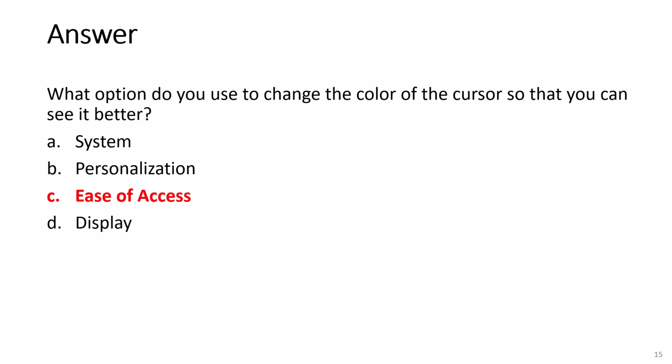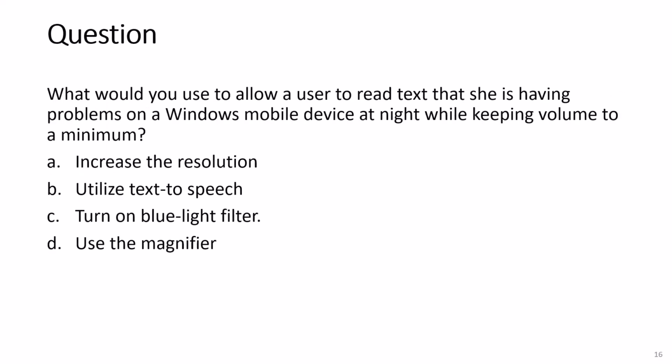Answer: ease of access. Question: what would you use to allow a user to read text that she is having problems seeing on a Windows mobile device at night while keeping volume to a minimum? Answer: use the magnifier.